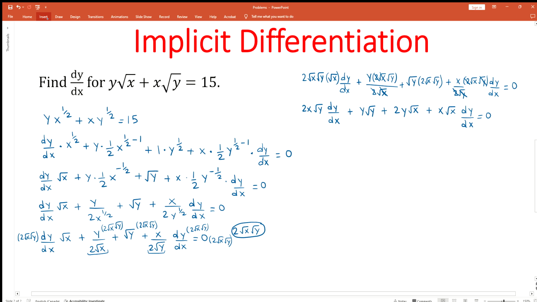Next, we can keep the dy over dx terms on the left side of this equation and move y square root y and 2y square root x to the right side of the equation. That will make these terms negative.